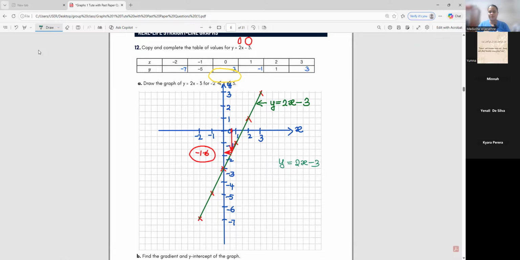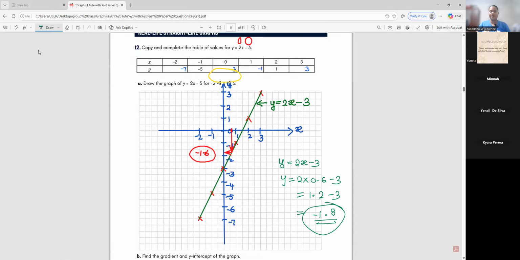When x is equal to 0.6, what is the y value? 2 times 0.6 minus 3. 2 times 0.6 is 1.2. 1.2 minus 3 is minus 1.8. This is the exact answer.